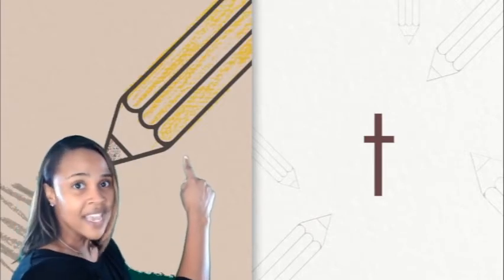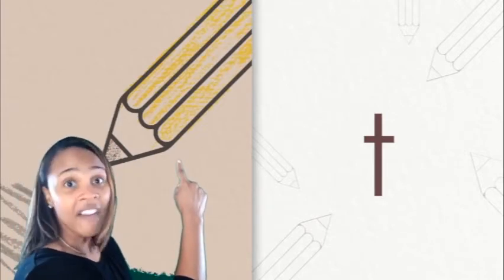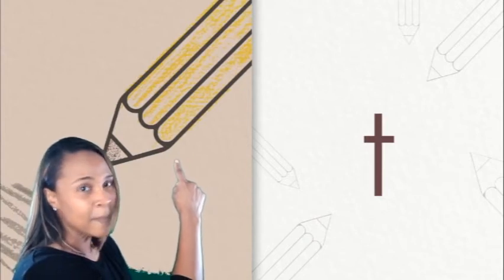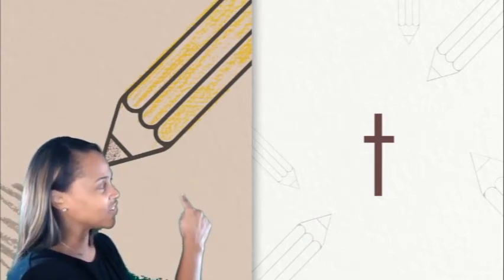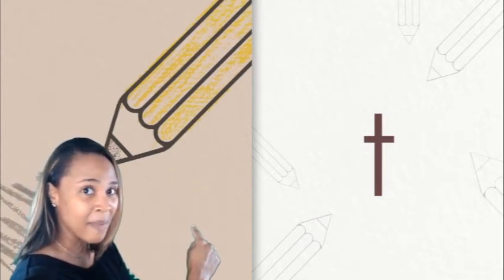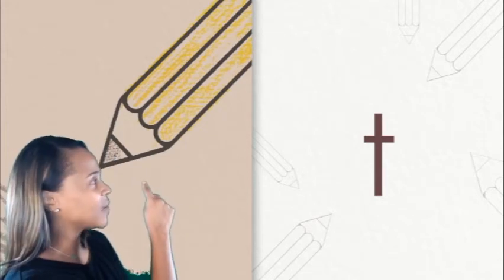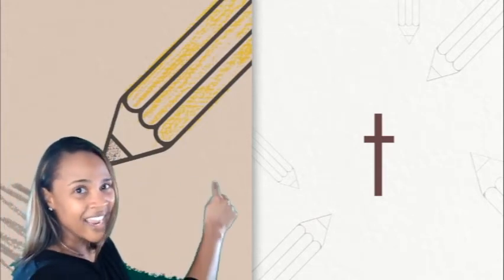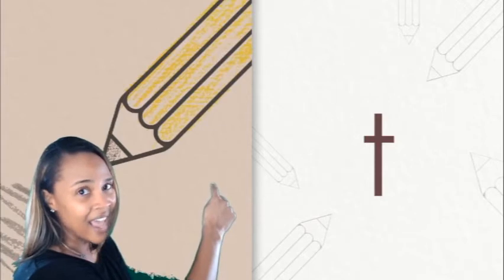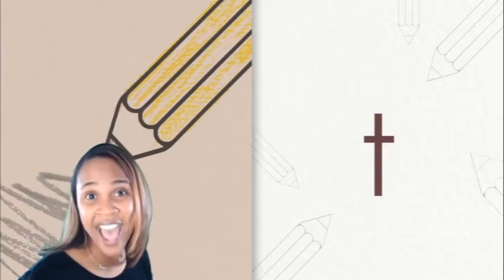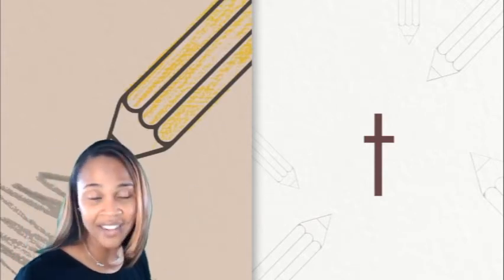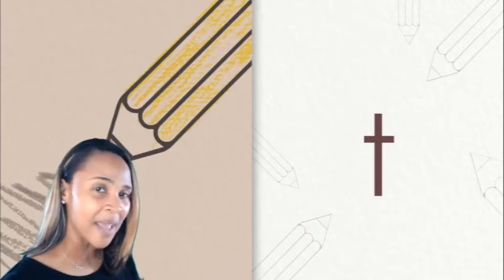When we do our T, we put our finger at the top line and make a straight line down to the bottom line, and then we cross right there on the belly line, right across, and that's a horizontal line. Let's try one more time.